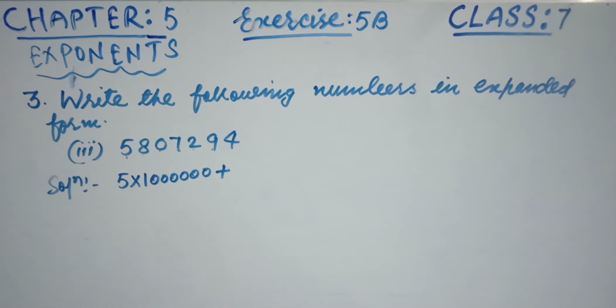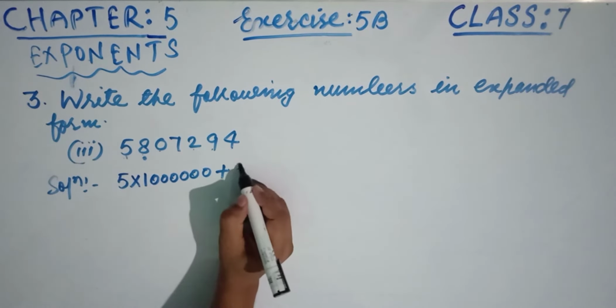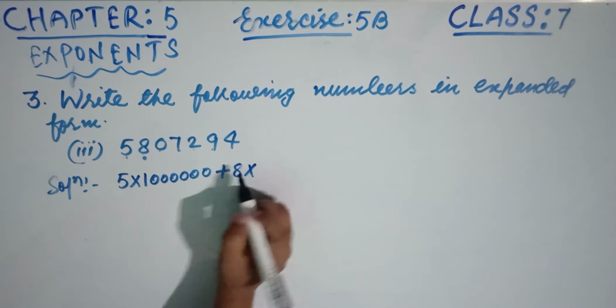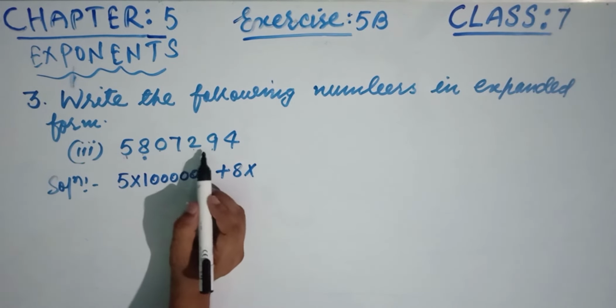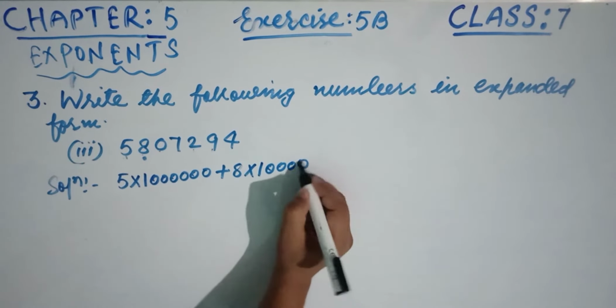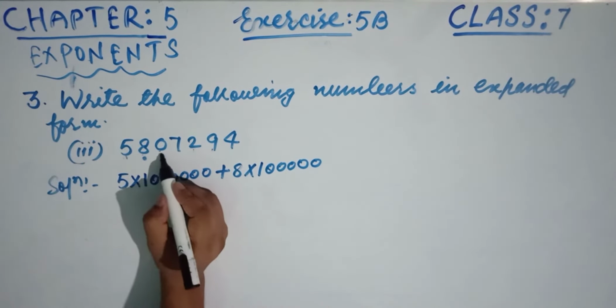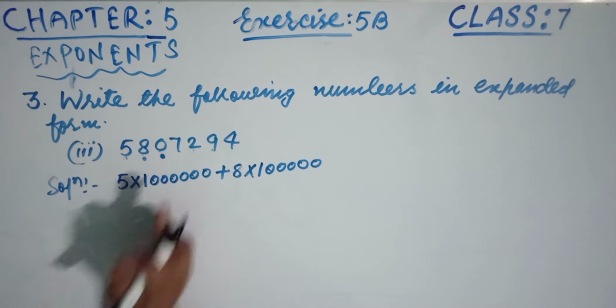Expanded form means plus plus plus. Now come to 8, write the 8, then multiply and see the number of digits after this 8. 1 2 3 4 5. So this is multiplied by 5 times 0 friends, remember 5 times 0. Now come to 0, so there is no need to write the 0, because 0 multiplied by something is obviously 0, so avoid 0.